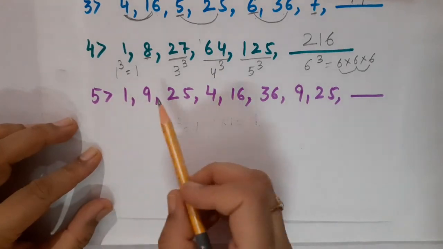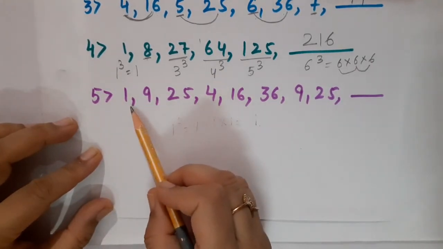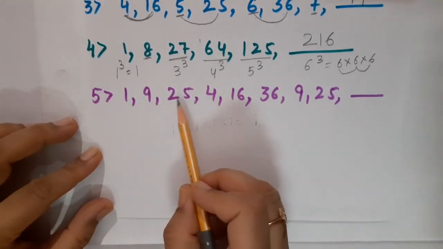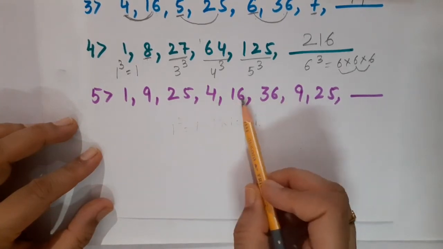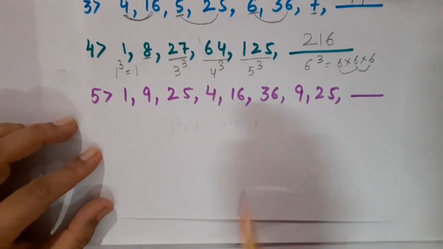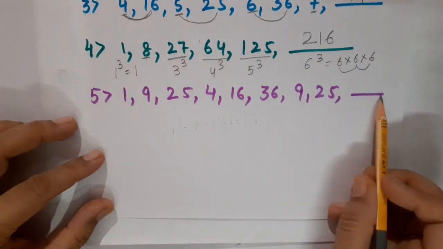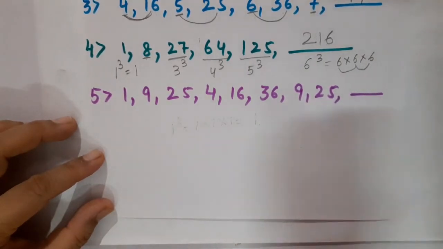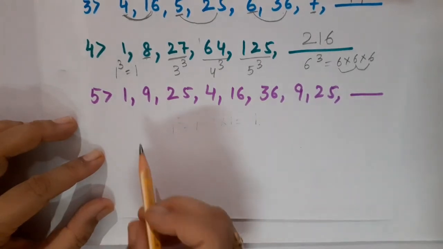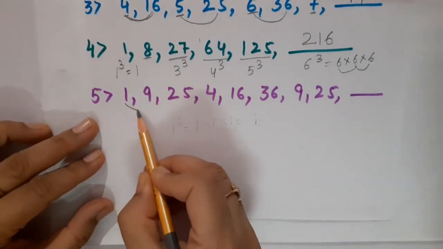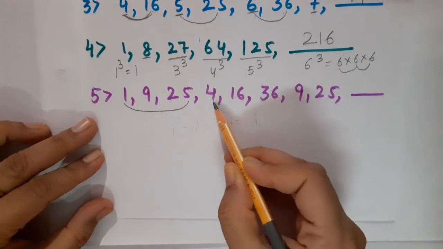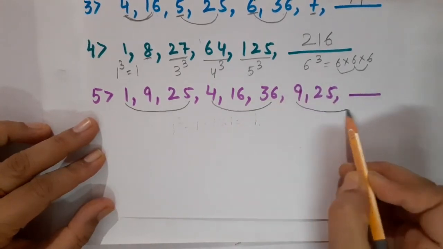Question number 5. The given series is 1, 9, 25, 4, 16, 36, 9, 25 and we have to fill the next number. So children, please observe what can be done. Here children, I am going to make groups of these 3 numbers, then these 3 and then these 3.